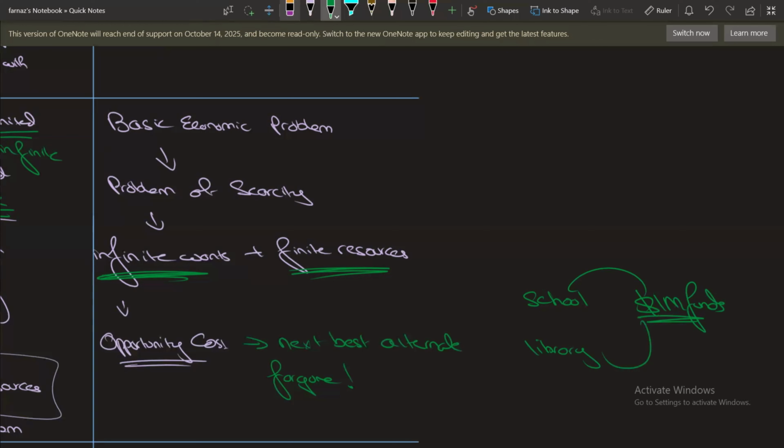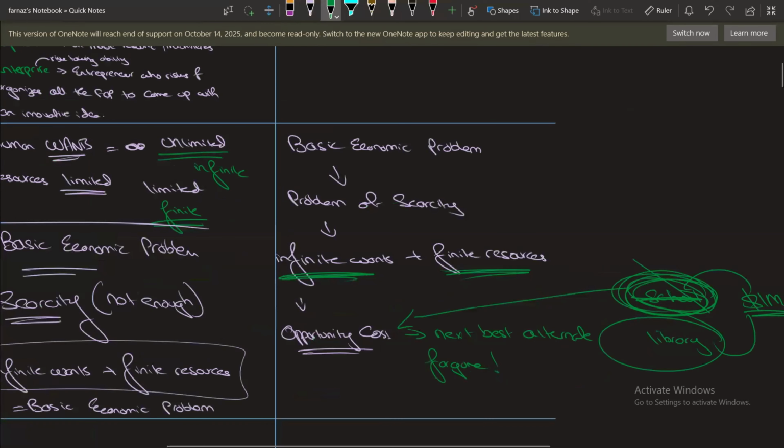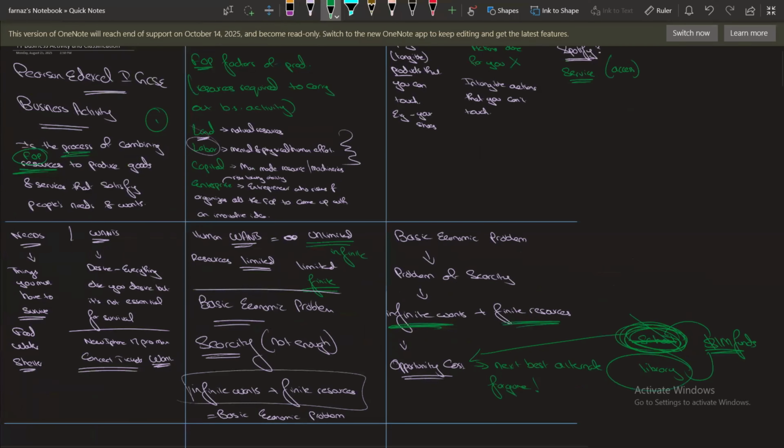And if I choose building a library, then whatever I am foregoing, look at the screen, is my opportunity cost. I hope it's simple. Opportunity cost is the next best alternate foregone. Okay, so whatever I'm foregoing, it's also the best option for me, but I have to forego because of limited resources. Correct? So this is what our business activity chapter is about.